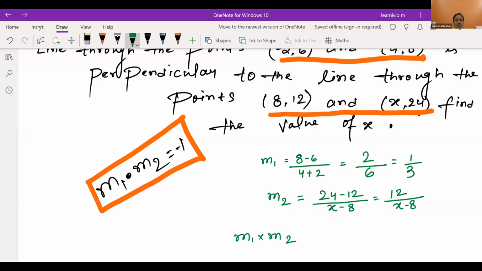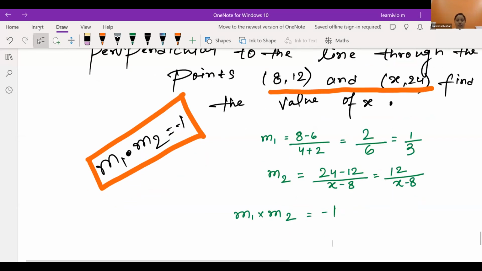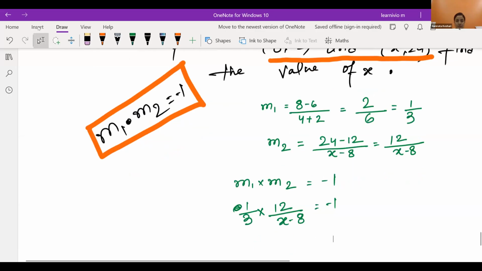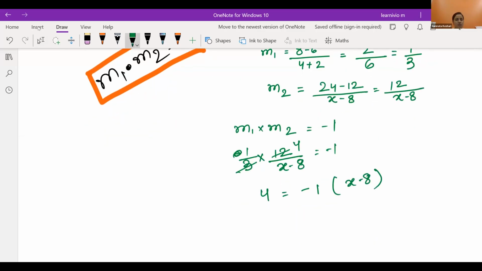Let's check. No. Is it decimal? No. Ma'am, I'm getting x for it.